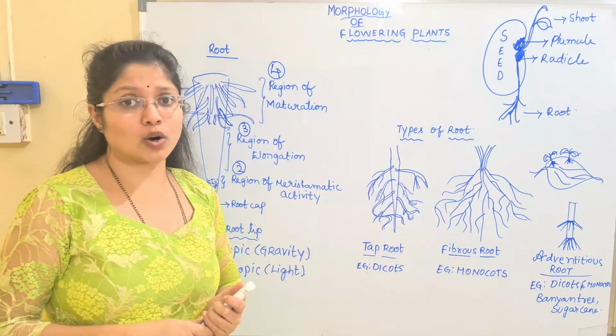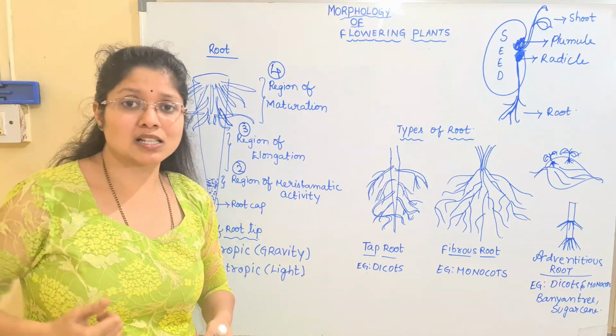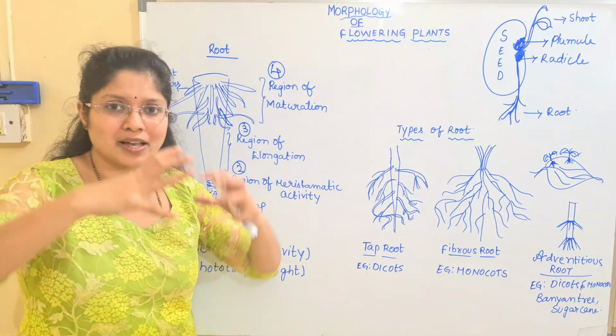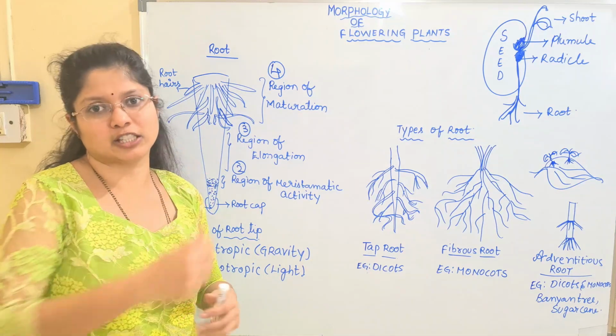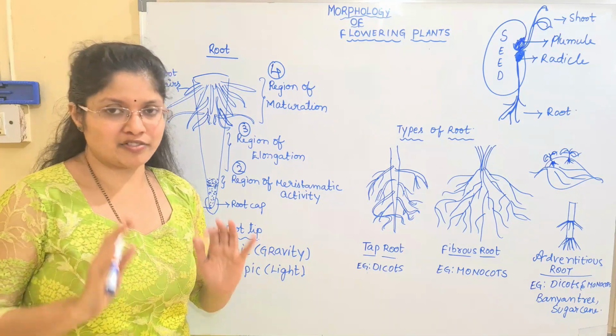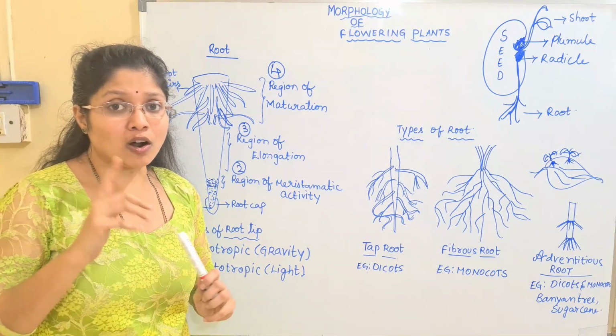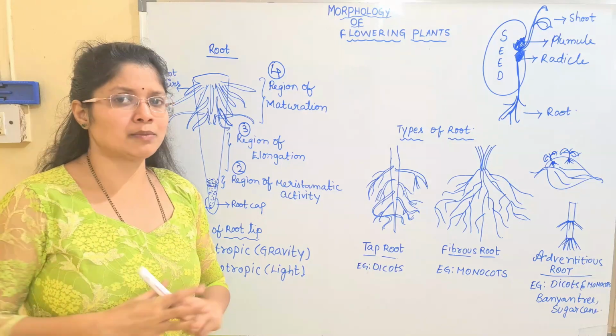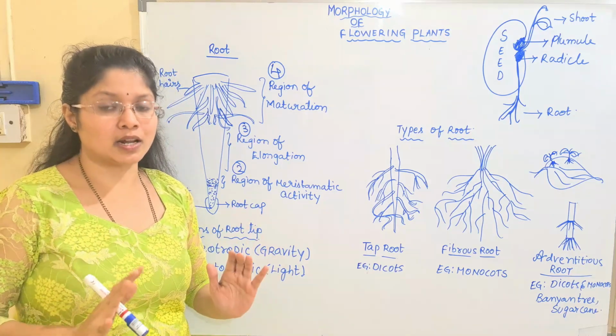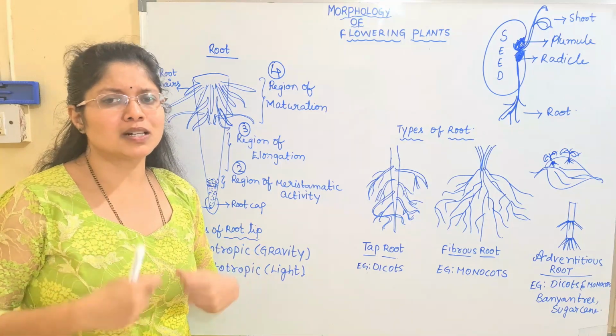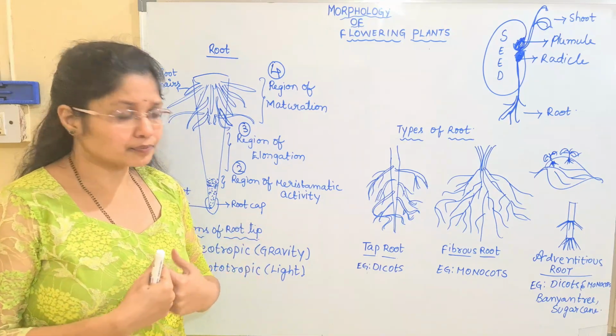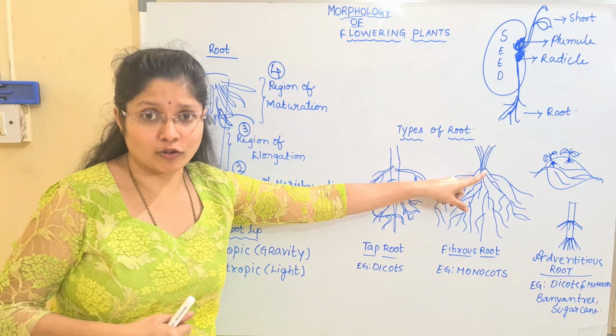If you see monocot grasses, when you pick some grass from the ground, you can see numerous fiber-like roots associated with the plant body. That is nothing but the fibrous root. But you should not think that the primary root is absent. The primary root is short-lived here. It is replaced by numerous fiber-like roots which are present at the base of the stem.